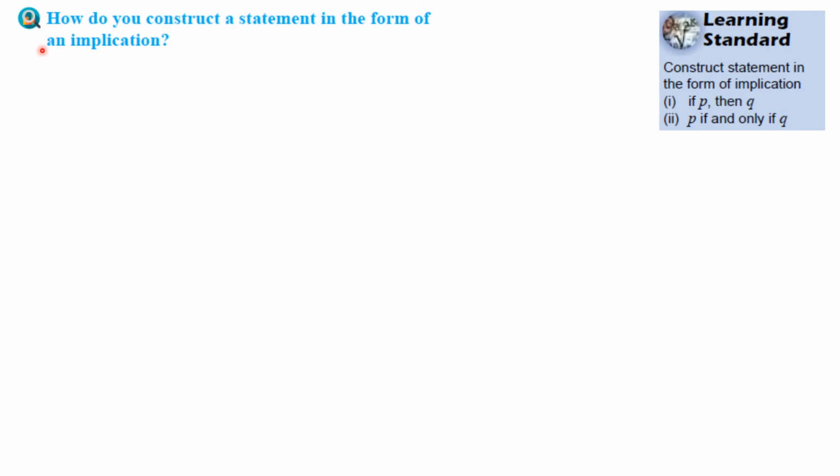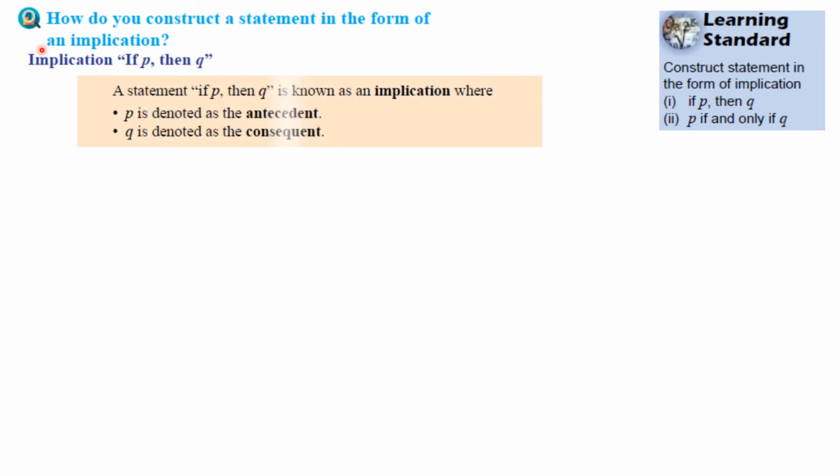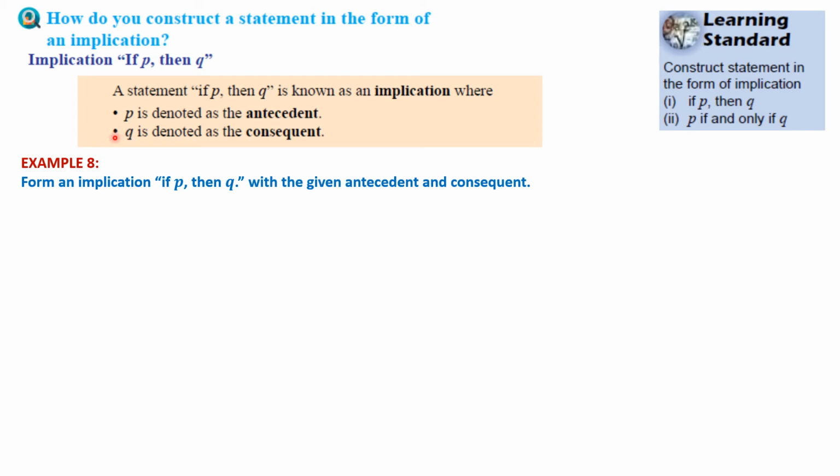How do you construct a statement in the form of an implication? Implication: if P then Q. A statement if P then Q is known as an implication where P is denoted as the antecedent and Q is denoted as the consequent.